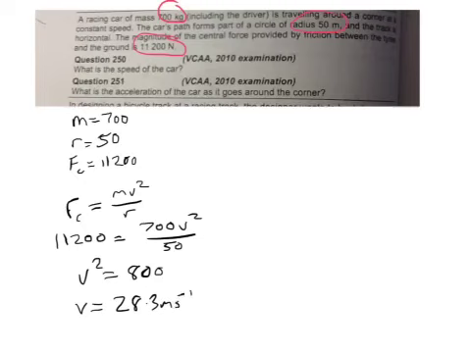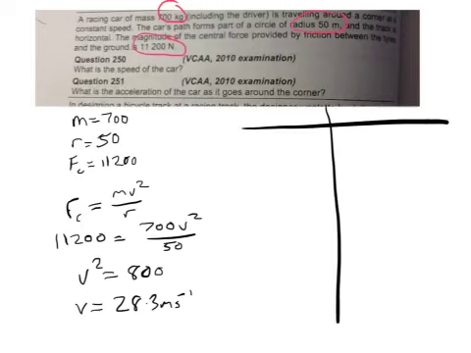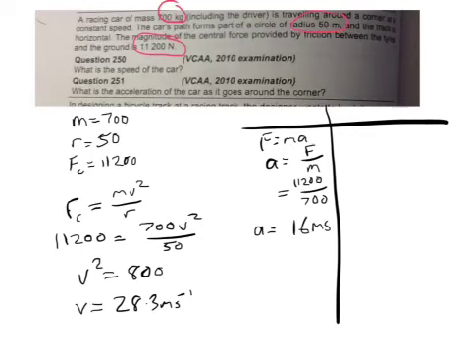Second part of the question, we need to find the acceleration of the car. All the other things are the same. Now there are two ways we can do this. We can first use F equals ma. Rearranging, the acceleration is equal to the force divided by the mass. Putting in our values, 11,200 divided by the mass, which is 700, gives us an acceleration of 16 meters per second squared.